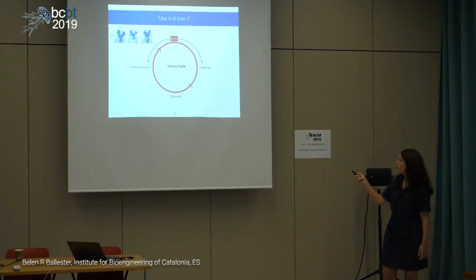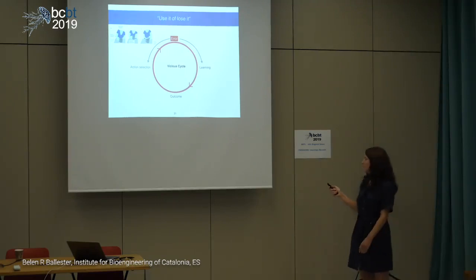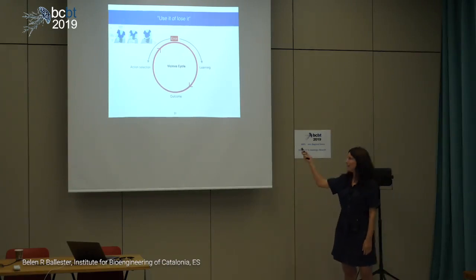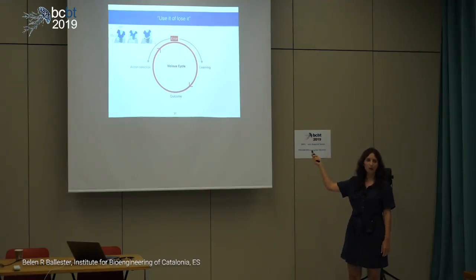So error can favor learning, but it can also be hampering learning, because if we don't select that action, then we will not learn from it. We will not refine that action, right? So that's a problem that needs to be understood, because based on this, I'm going to explain a number of studies that are grounded on this idea and trying to prove this double effect of sensory error.